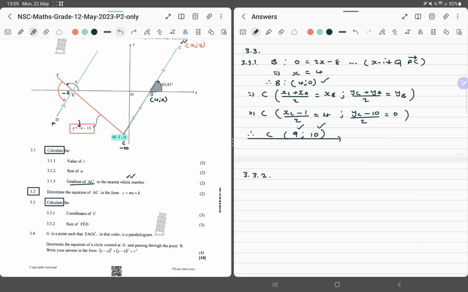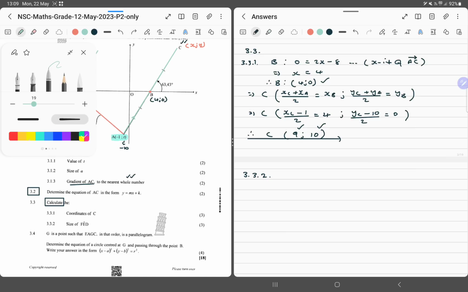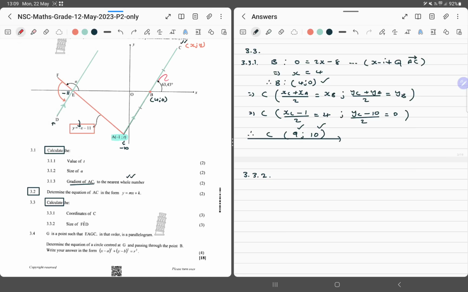Easy stuff. Maybe let's not shade because the shading is just not helping. So let's just use a color. So it means this portion of the angle is going to be equal to that angle. But now what do we know? We also know that this is vertically opposite this portion right here.